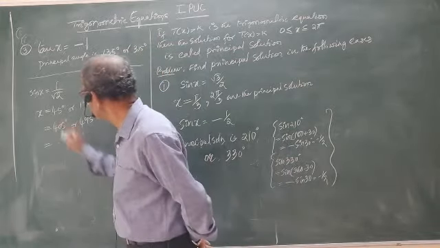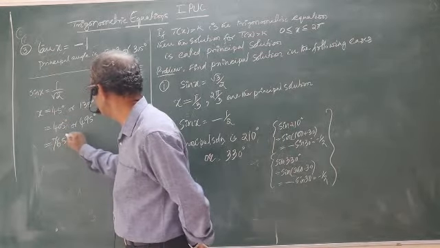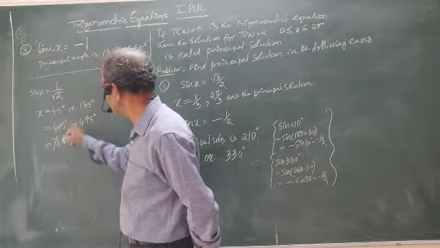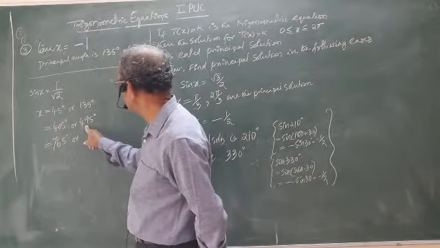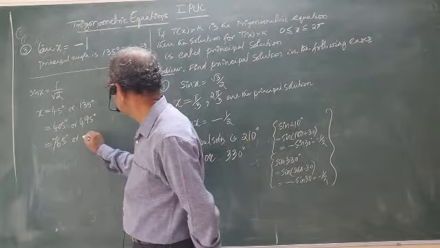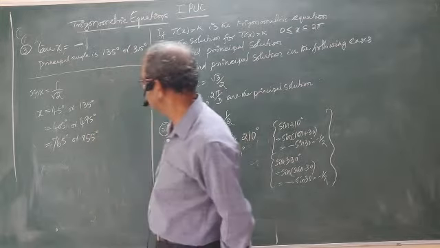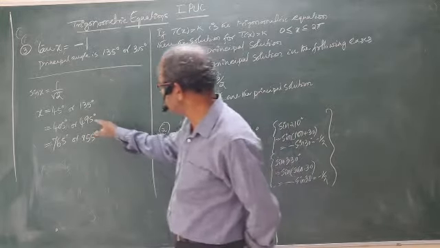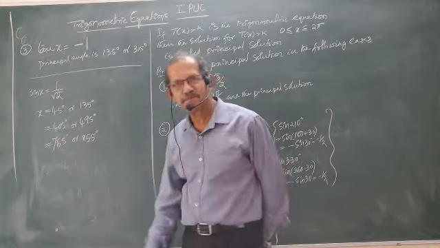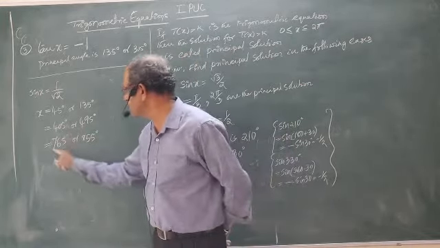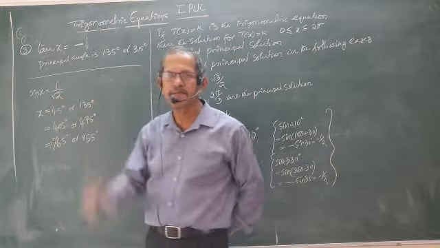Add again 360: 765, and 855. Find sin of 765, you get the same. Sin of 855, you get the same.